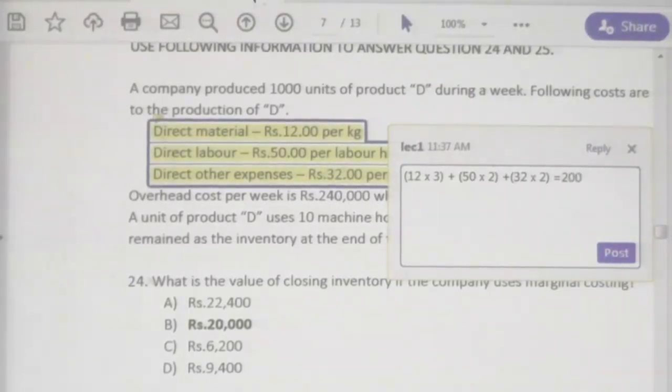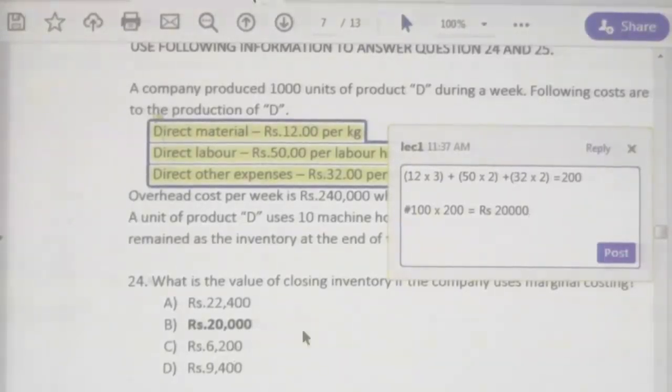Now you have 100 units in the closing inventory. Marginal cost per unit is 200. Therefore, the cost of the closing inventory will be rupees 20,000. You can see the answer.